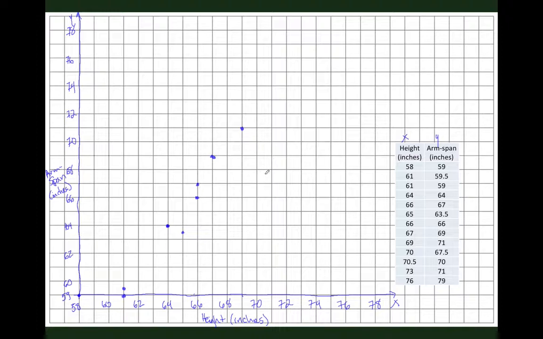And 70. And then we got 70.5, 70. That's close to the ideal, but not quite.